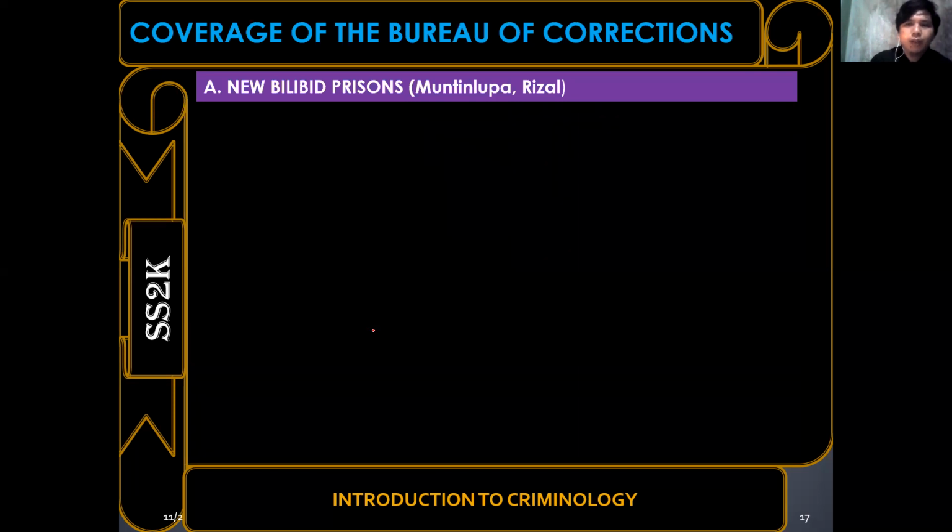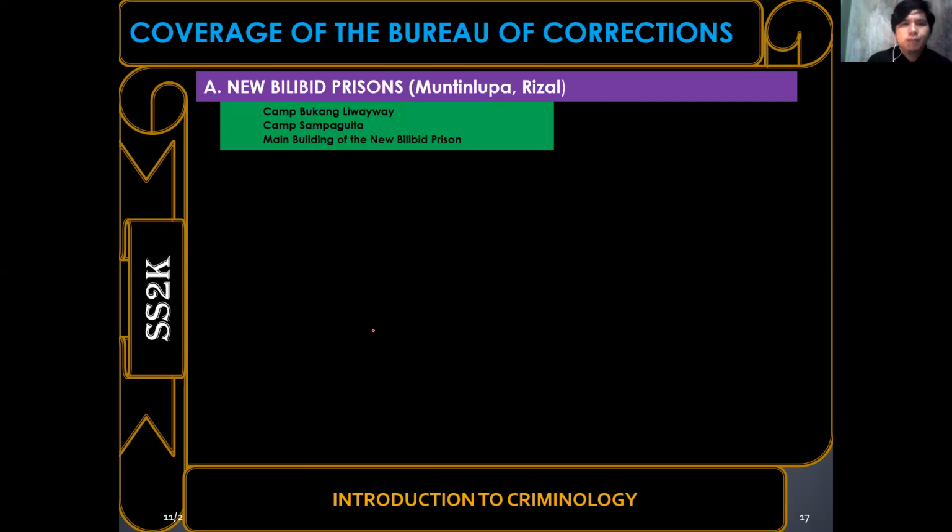Okay, ang Bureau of Corrections, yan po kasi ang may pinakamaraming nakakulong, siyempre, para sa mga tao na nahatulan ng more than 3 years of imprisonment. So the coverage of Bureau of Corrections, ladies and gentlemen, includes New Bilibid Prison that is located in Muntinlupa, in Rizal.